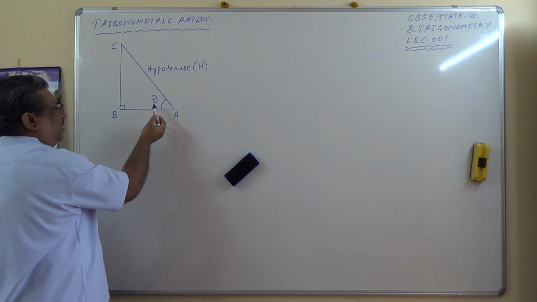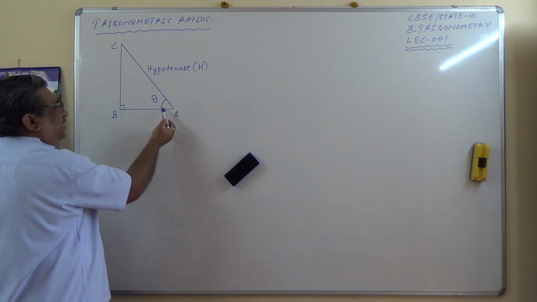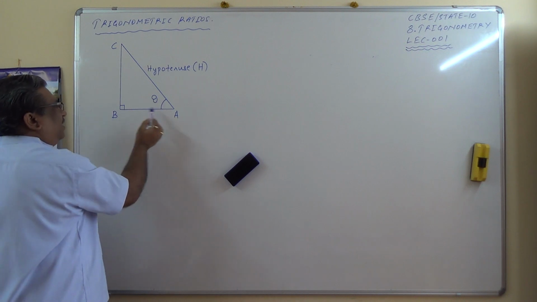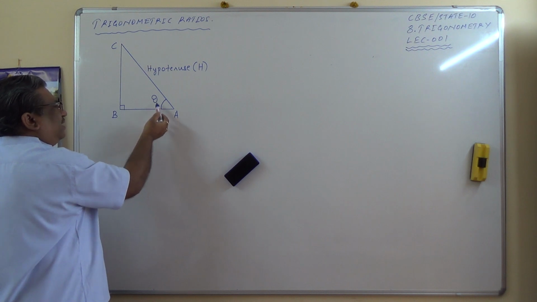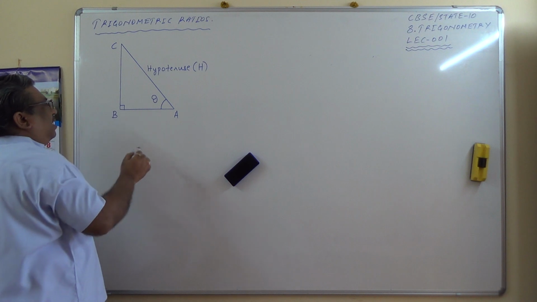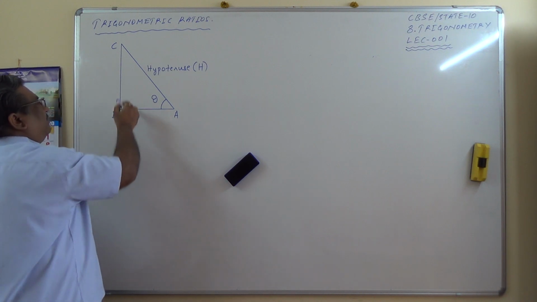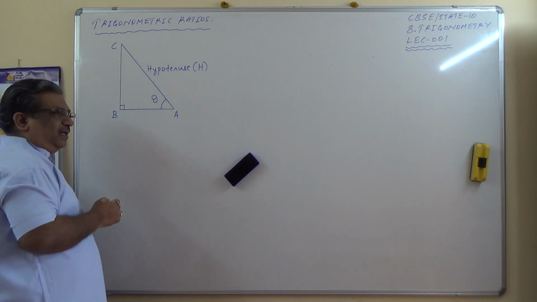With reference to theta, AB is called the adjacent side because it is adjacent to theta, next to theta. Whereas BC is called the opposite side because it is opposite to angle theta. And similarly, BC is called perpendicular.